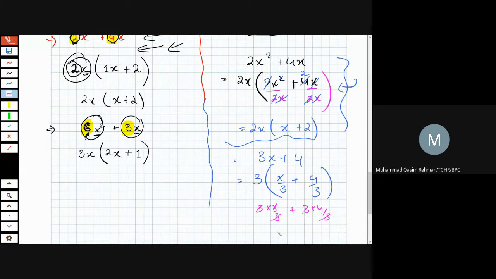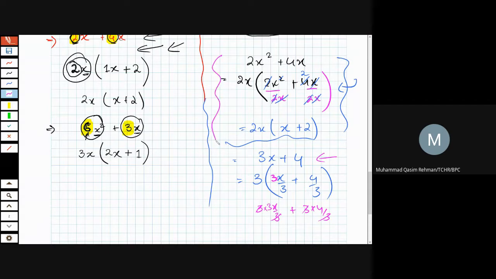You will end up with exactly the same thing. Okay, sorry, we have 3x over here. So 3 times 3x. So you are left with 3x plus 4. Back to the same thing. So you can take anything as common.